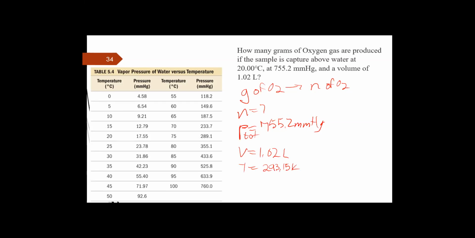Our pressure total, we have to subtract the water vapor, so 17.55 millimeters of mercury. We got that from looking at our 20 degrees Celsius and how much water that should be. So that changes this from being our total pressure to being our pressure of only our oxygen at 737.65 millimeters of mercury. We divide that by 760 to get that into ATM.